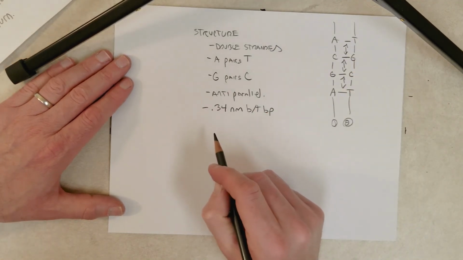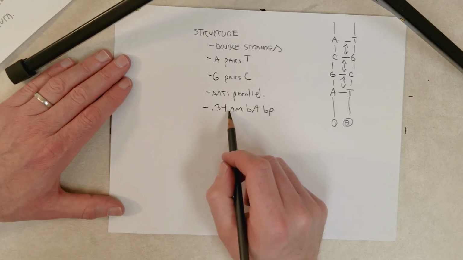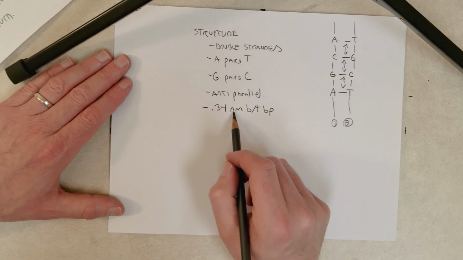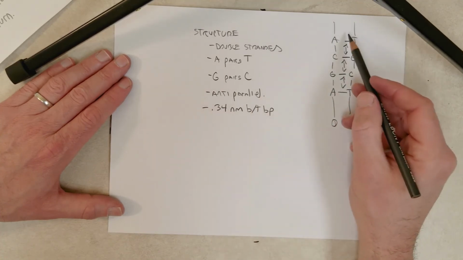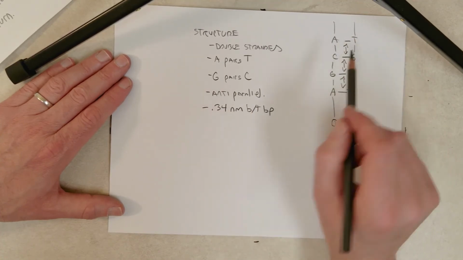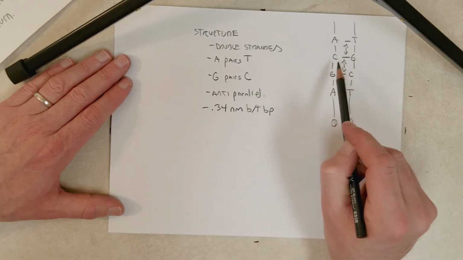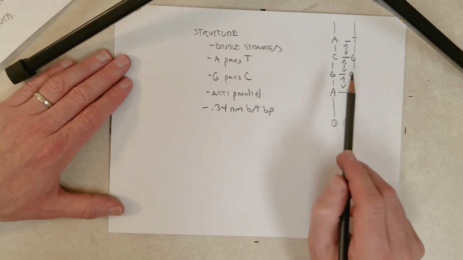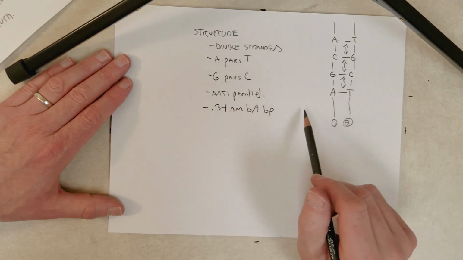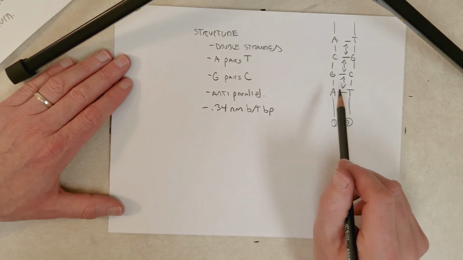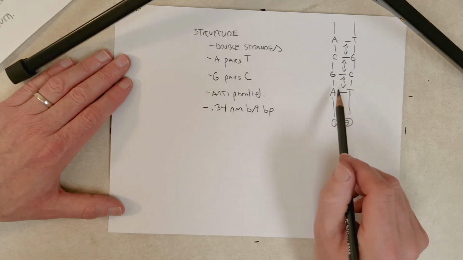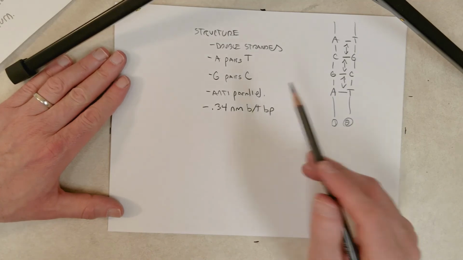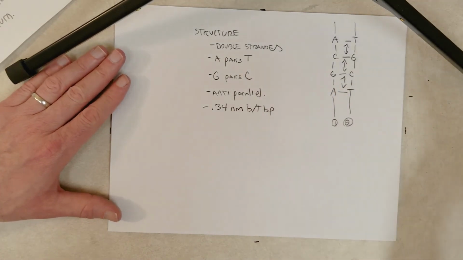And someone in class, after class today, had a good question. Is it always 0.34 nanometers? It's a good question because I haven't really considered if there's tension on the DNA when it's twisting. There's this thing called supercoiling, where if you twist the DNA in a certain way it causes tension to form, and the DNA will fold in certain ways, and it will form these things called supercoils.